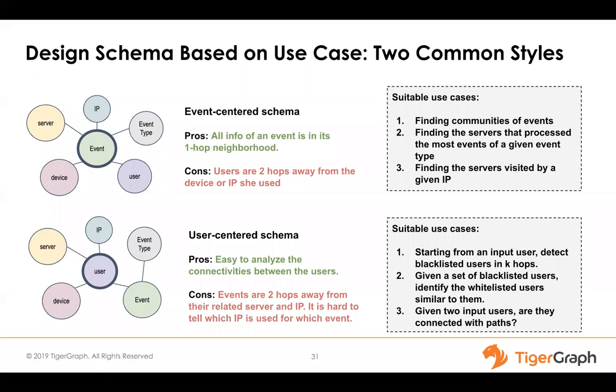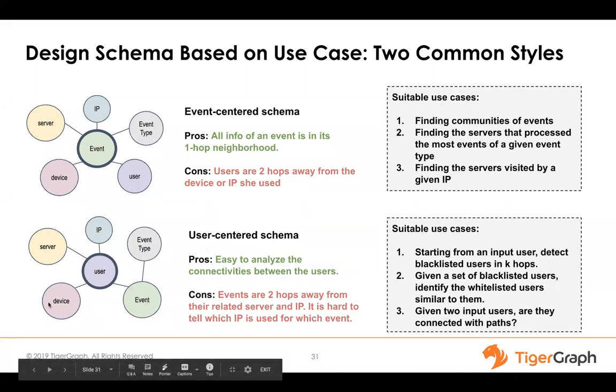With a user-centered schema, it is very easy to do analytics between two users. Say you ask, okay, given this user A, I want to find all the similar users. Then you just find the users who share the same set of neighbors, right?